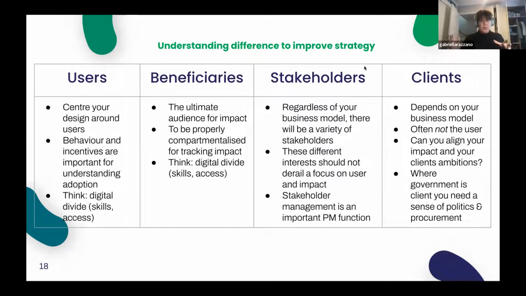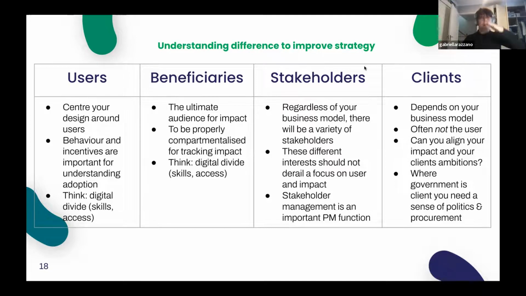When you move more to a social impact model, there's also the issue of your beneficiaries, who are the people you ultimately want to benefit from your activities. That will often be much wider than your users and much wider than your stakeholders.